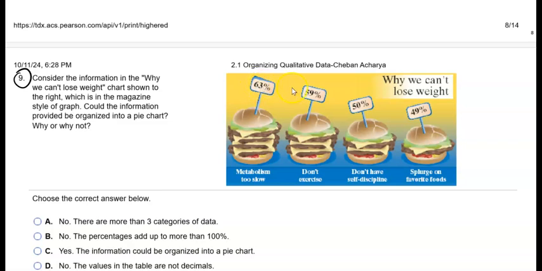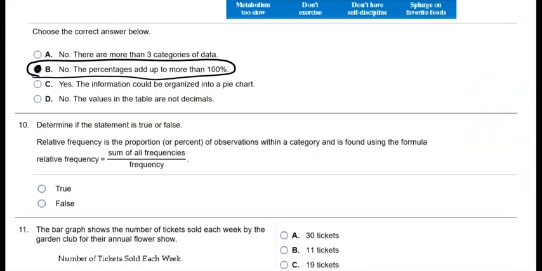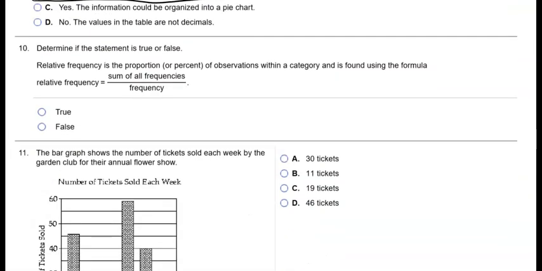But if you look at each percentage at the top, they add up to more than 100%. That means you cannot organize this information into a pie chart. So the answer is B: No, we cannot organize it because the percentages add up to more than 100%. That's number 9. So, question number 10.